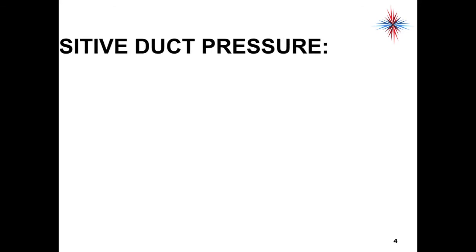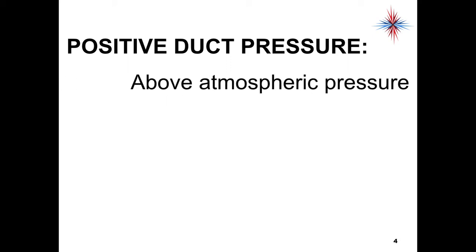Okay, now we have a thing called positive duct pressure. Okay, this is pressure above atmospheric pressure. So consider our 14.7 zero. If you're on the supply duct or the outlet side of the fan, it's going to be a positive pressure.